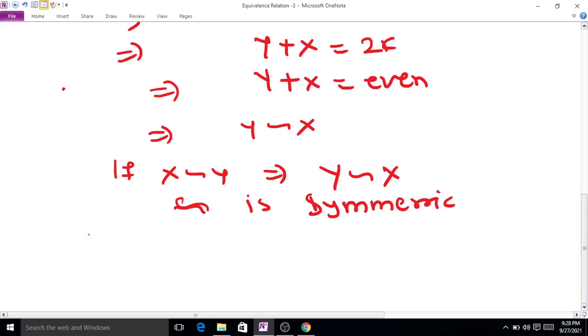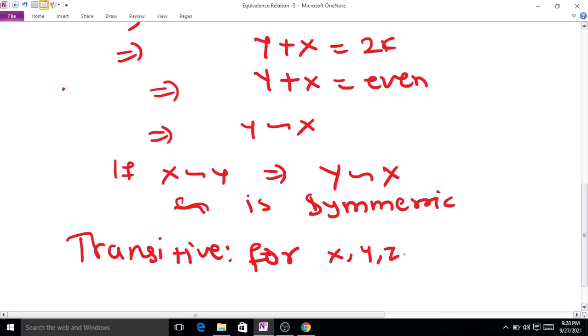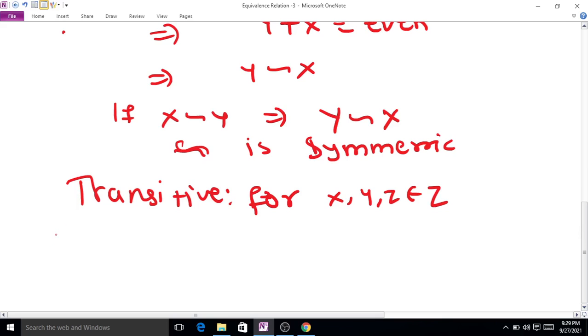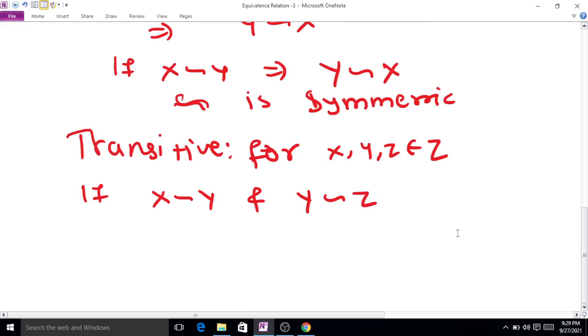Now, transitive. Here, for any x, y, z belongs to Z, we want to check whether, if x related to y and y related to z, then x is also related to z.